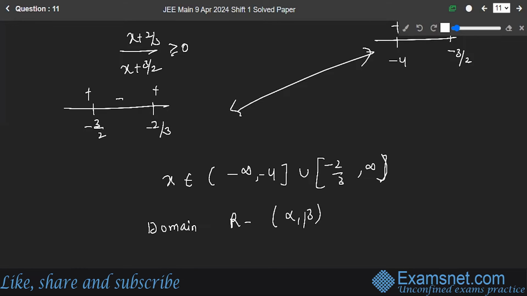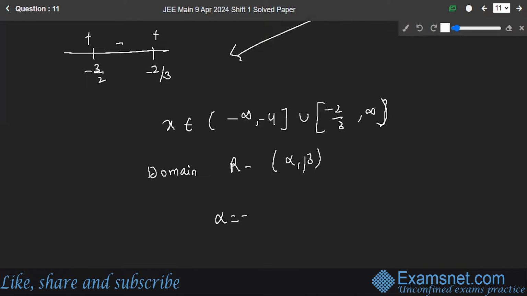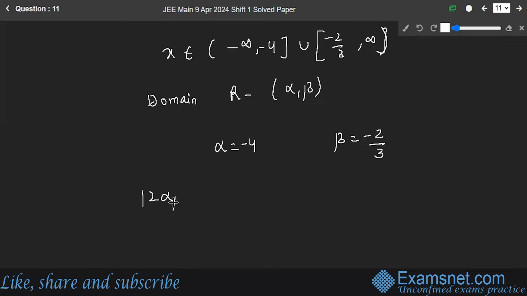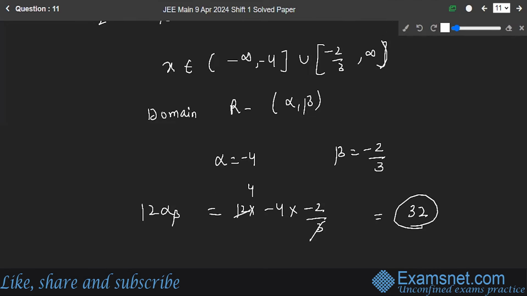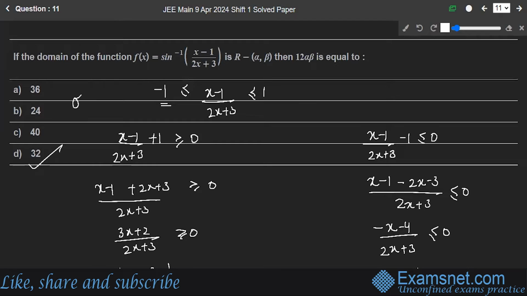So here alpha is equal to minus 4 and beta is equal to minus 2 by 3. You have to find out 12 alpha beta. So 12 into minus 4 into minus 2 by 3. This will cancel and you have 32 as the answer. D option, correct answer to the question. Hope you got that. We'll go to the next question.